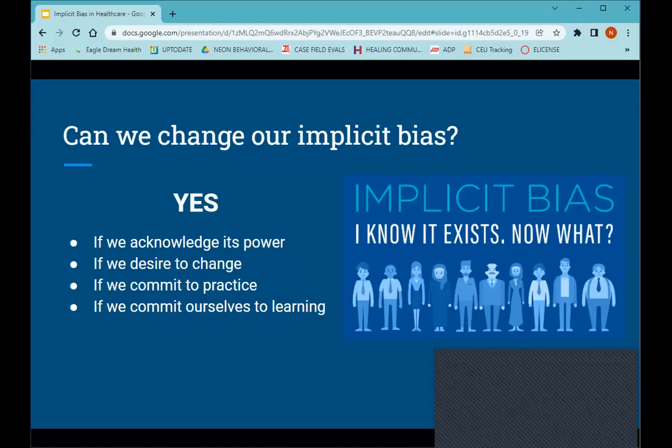So will those people change? No. But if we desire to change, if we're willing to practice, because you need to create new associations and that takes time, if you acknowledge that it's powerful, right? That this is a big thing that's happening in your brain, and that it's having a big impact on the decisions that you make, and you commit yourself to learning, I do think that we can change.